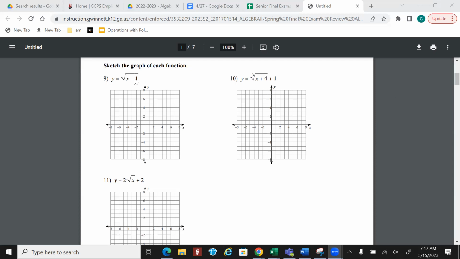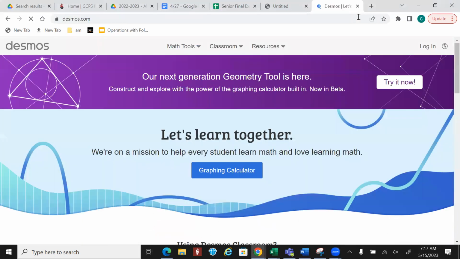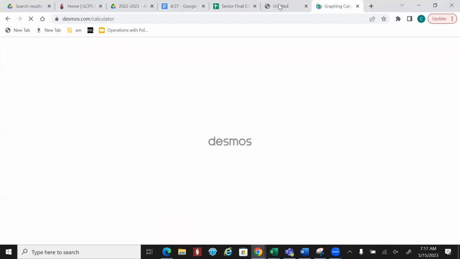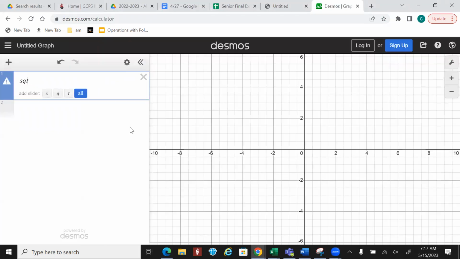Question number 9 was the first one that somebody wanted to go over. Sketch the graph. The first thing you're probably going to be asked is to identify the graph. We're going to pull up Desmos because you're not going to be asked to do it by hand. We type in square root of x minus 1.